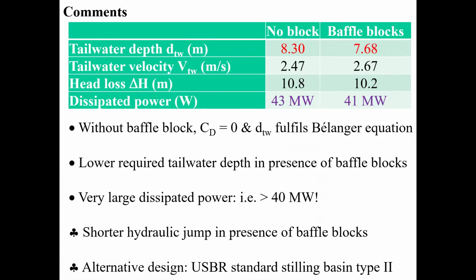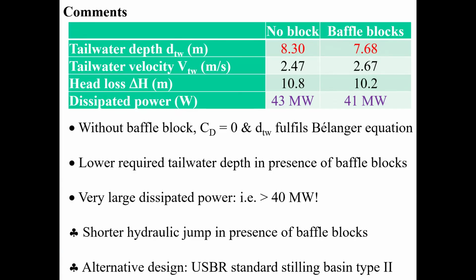More generally, looking at the quantitative results, without baffle blocks, CD equals 0 and the tailwater depth fulfills the Bélanger equation. In presence of baffle blocks, a lower tailwater depth is required. We note a very large rate of energy dissipation, more than 40 megawatt.